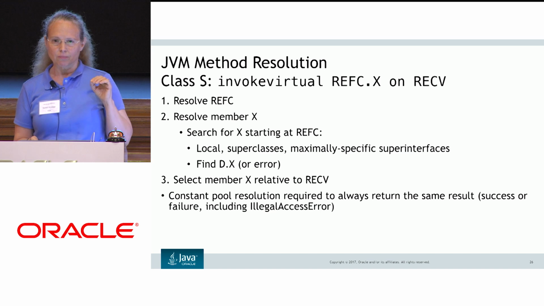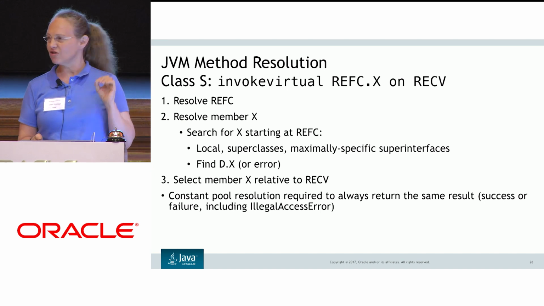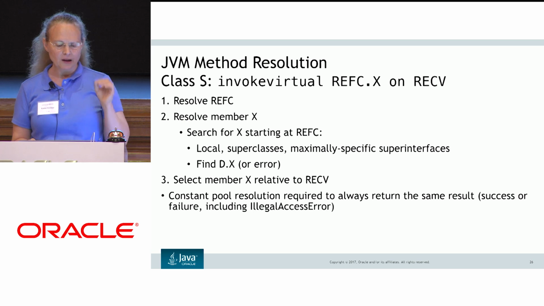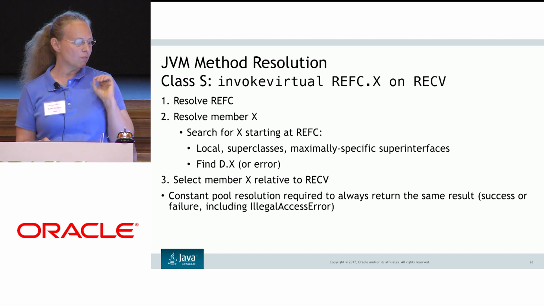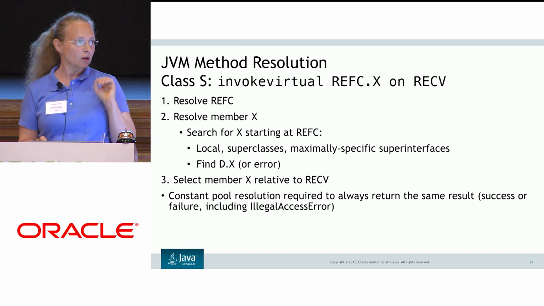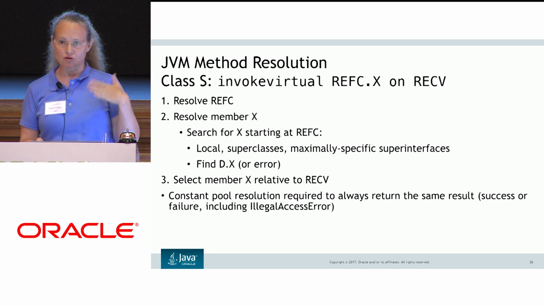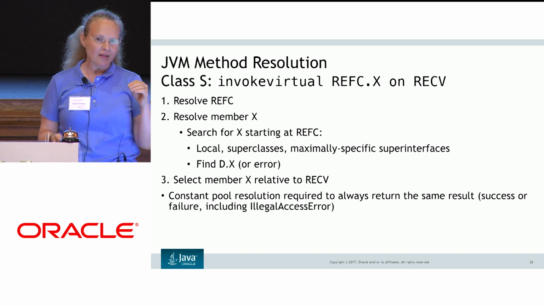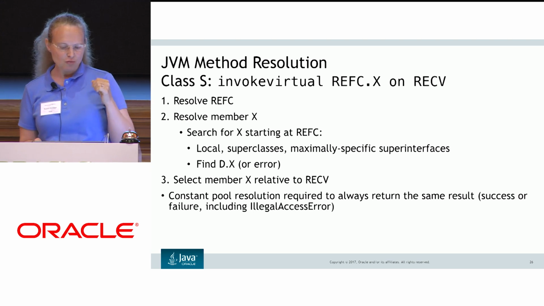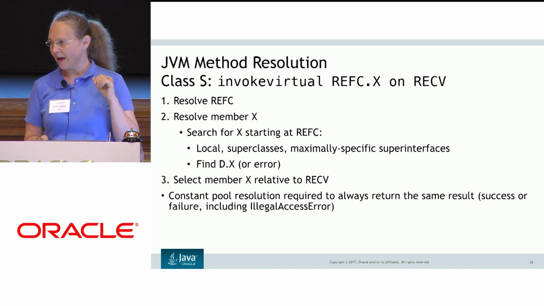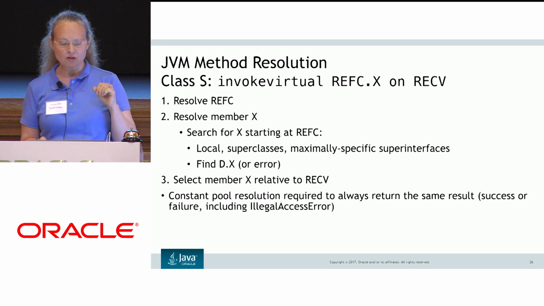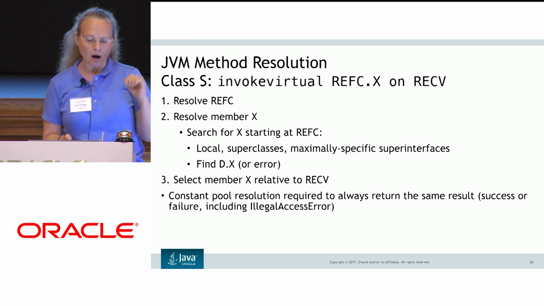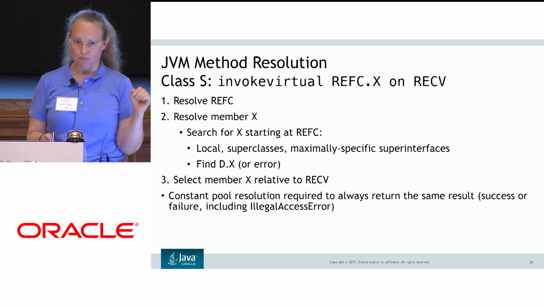Something we pay close attention to, and hopefully you guys don't need to, is that constant pool resolution requires that we always return the same result, success or failure, including an illegal access error, which is what your access type checking would give you. That has generally not been a big deal, but one of the things we've added with modules is that you can dynamically augment your readability and your exports.